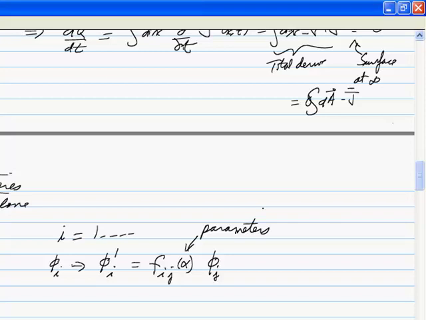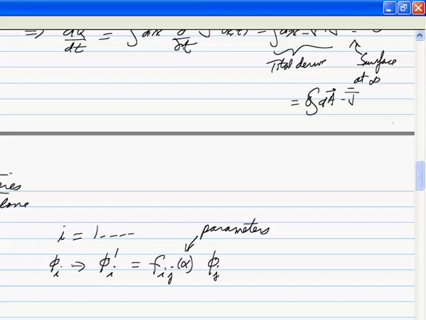Okay, so let's imagine I had 3 fields, 1, 2, and 3, and I do an orthogonal rotation on them. The parameters then are the angles of the rotation. It's like Euler angles. And that's a perfectly good transformation. If the Lagrangian is constructed right, it could be invariant under that.